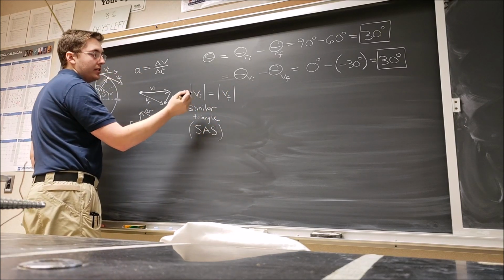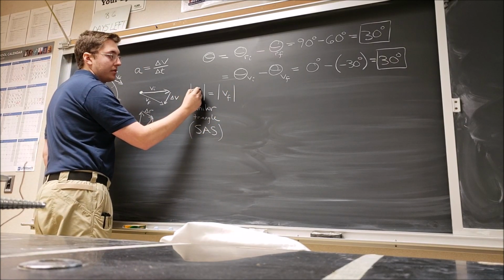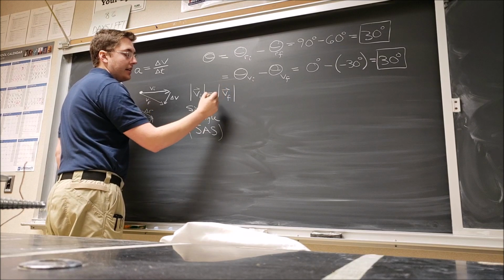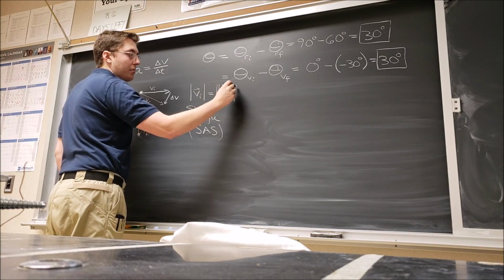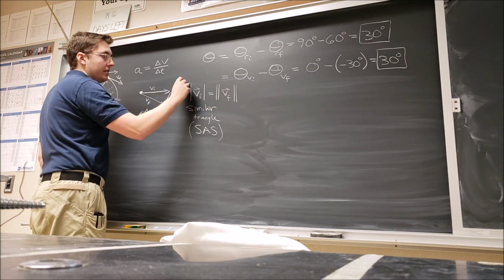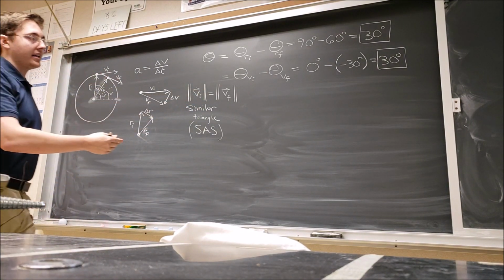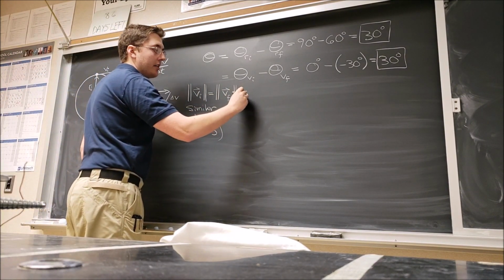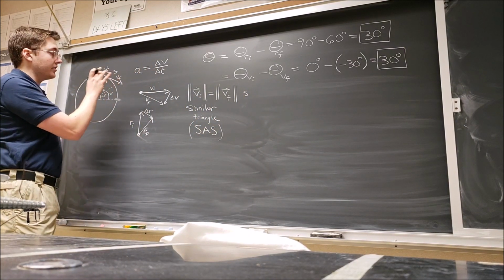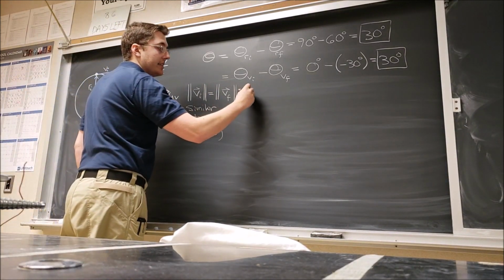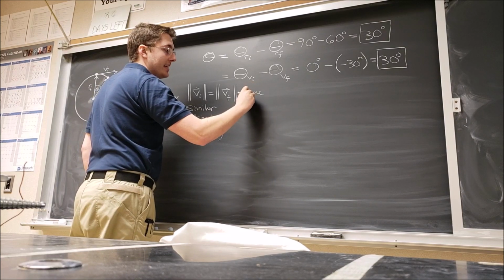Sometimes we use little vector symbols because these are vectors, and sometimes people use the double bracket to distinguish it from absolute value. But the idea is that the magnitudes are equal, in other words the lengths of those arrows are equal, because they are at the same speed.